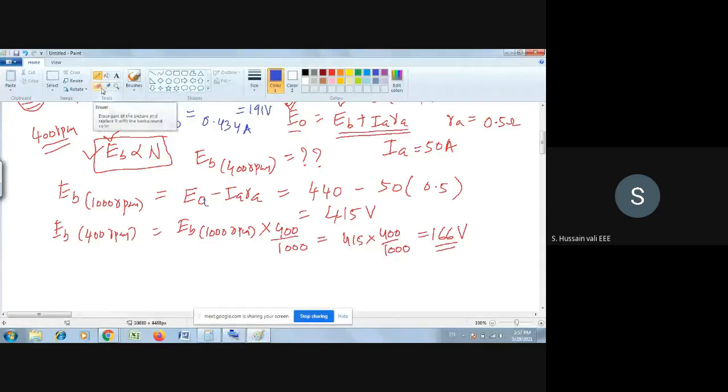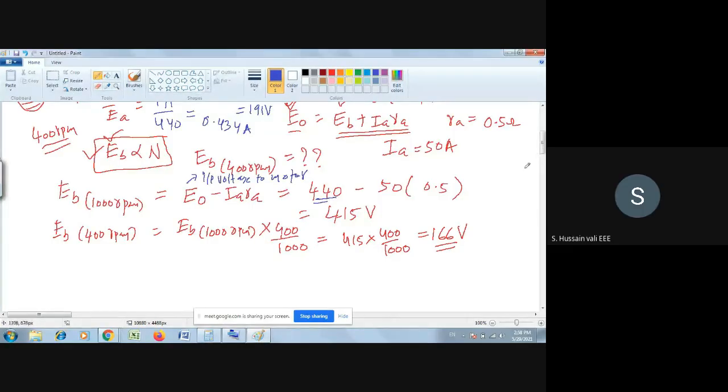E naught is the input voltage to the motor. Here we did not take any kind of assumption. In the data itself, he has given that the rated voltage of the motor and the input voltage to the chopper are both 440 volts. So that's the reason we got 440. Understood?